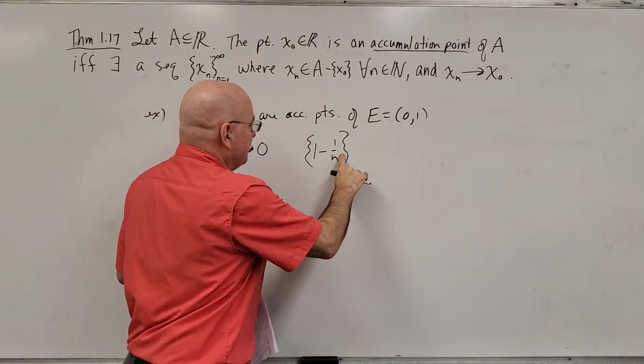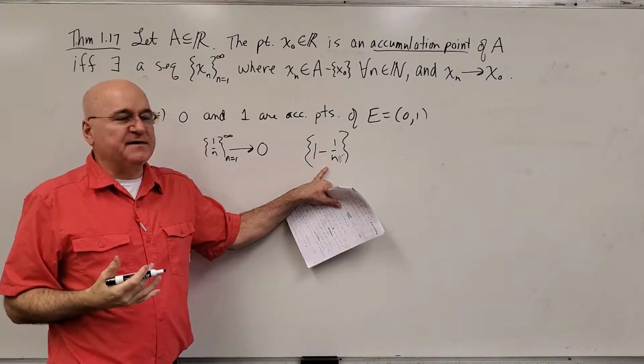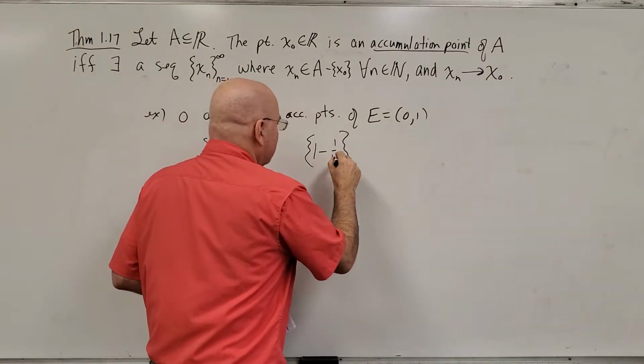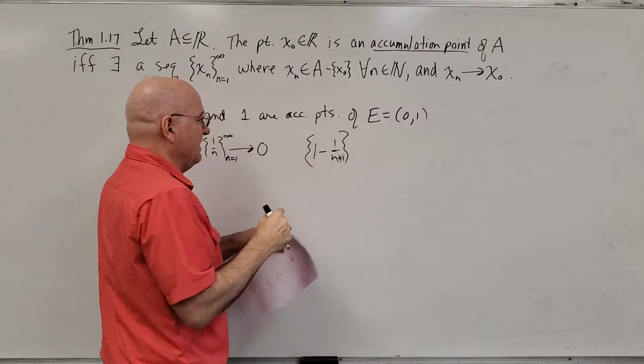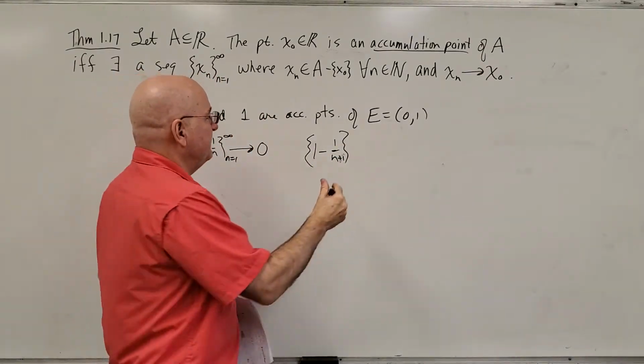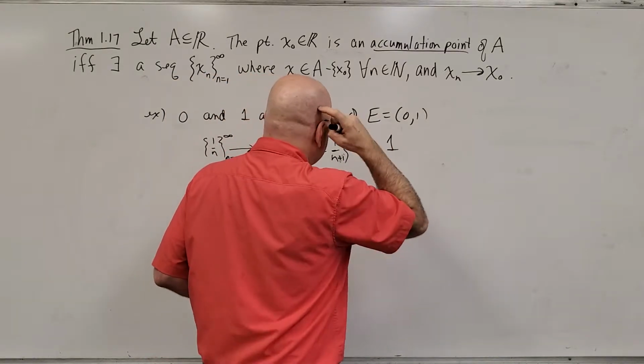Otherwise, the first term of this sequence would be 0, and 0 is not in the set E. So if I make it 1 minus 1 over n plus 1, we start off, the first element is 1 minus a half, then 1 minus a third, 1 minus a fourth, 1 minus a fifth. That converges to 1.